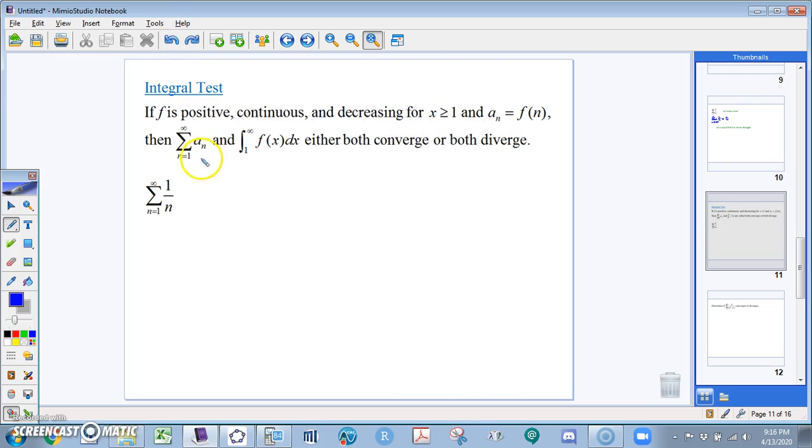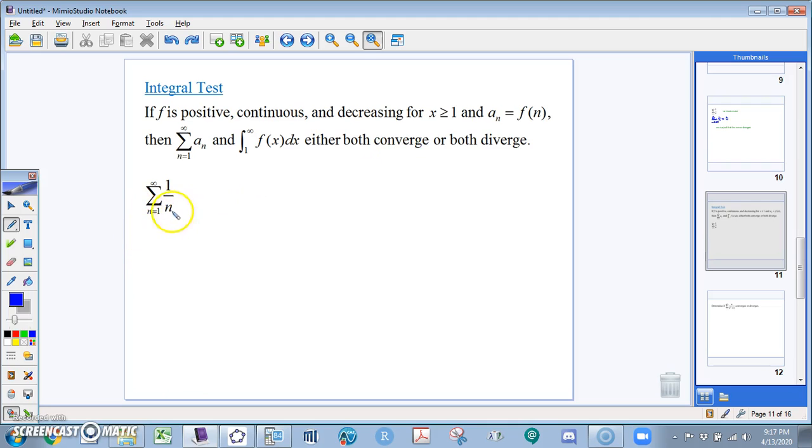If that's true, then both the series and the improper integral going to infinity either both converge or both diverge. That's a really powerful statement because, unlike the nth term test, it doesn't restrict us to only being able to say one thing in one particular case. Either both are going to converge or both are going to diverge.